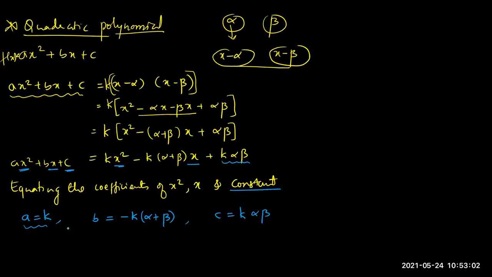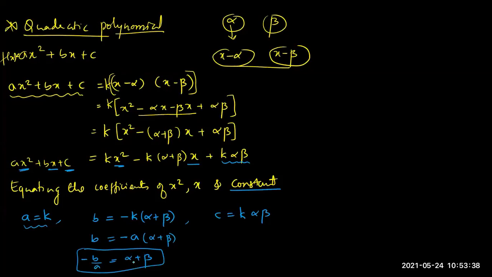Now a equal to k is there. Now I'll write b as it is, and in place of k, I'm writing a. Then I'll write alpha plus beta. Now this minus a I'll bring to this side. It will become minus b by a is equal to alpha plus beta. So this is one relation: alpha plus beta equals minus b by a. For a linear polynomial, for only alpha, it became minus b by a.